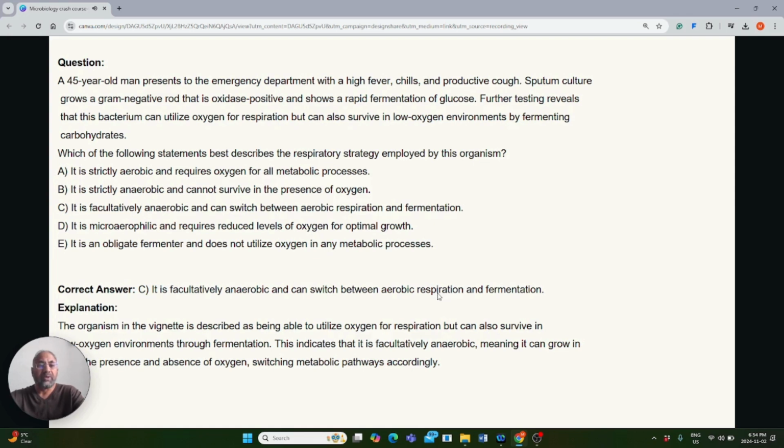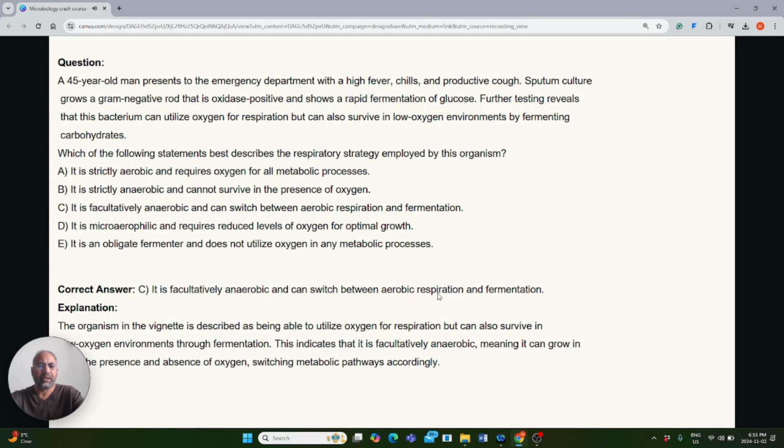And then third, C: it is facultatively anaerobic and can switch between aerobic respiration and fermentation. This is probably right, because this is what the question also talks about, that it can survive in both these environments. And the last two, microaerophilic and obligate fermenter, are both probably wrong.